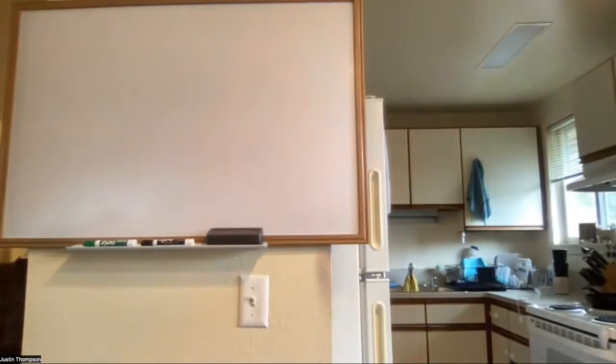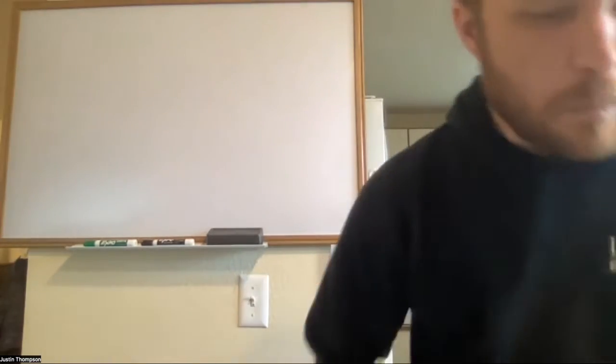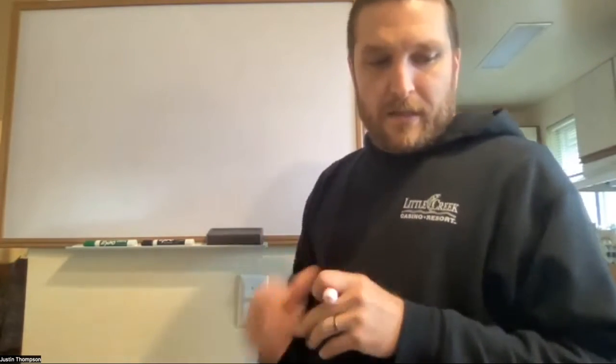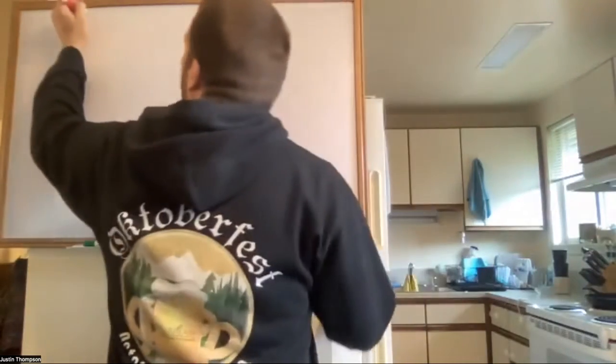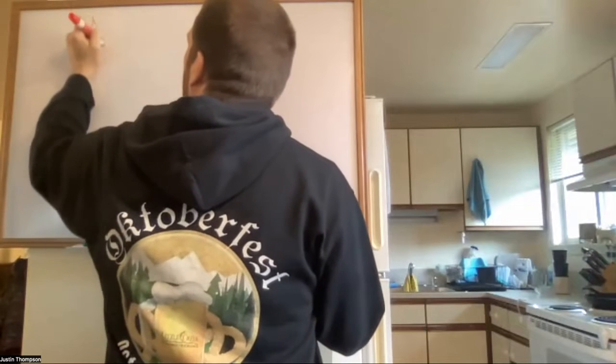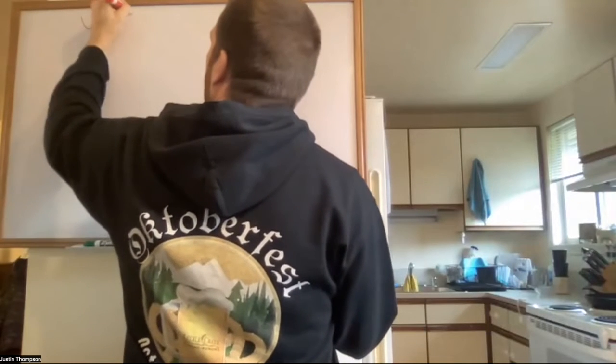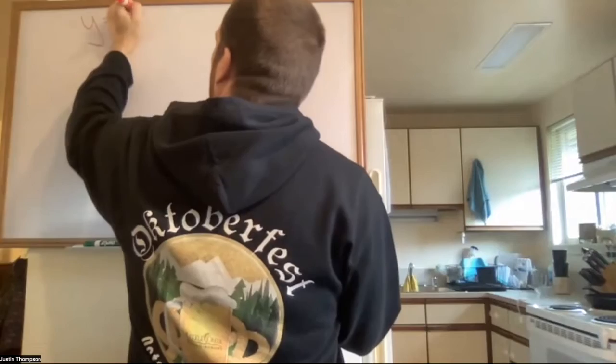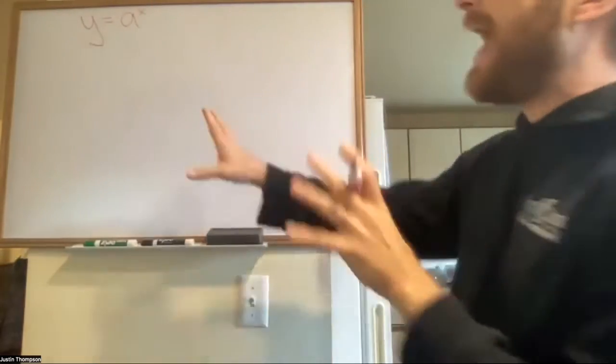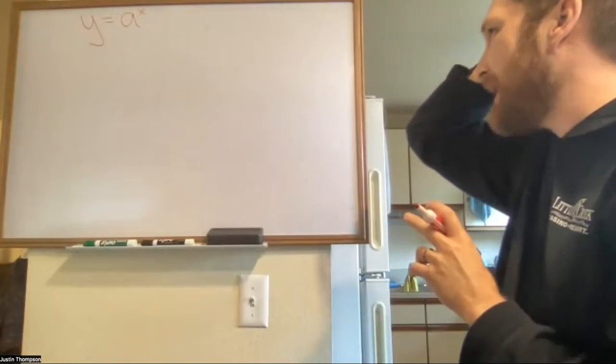So let's see the topic for today. There's three things we got to get through. First off, we talked about this last time. We said that there are two ways of writing something like this. We have some number A, right? A is a positive number. And we're going to raise that to some power.